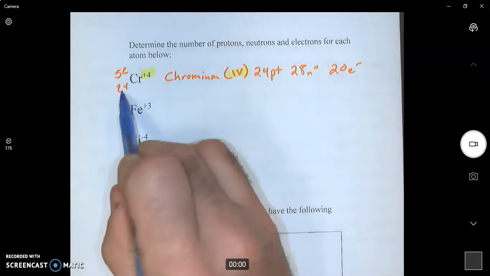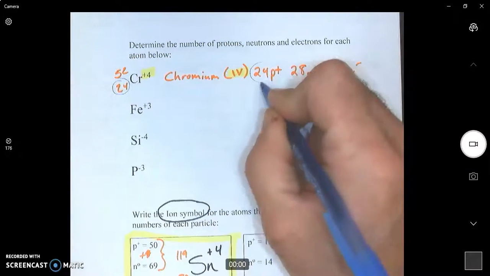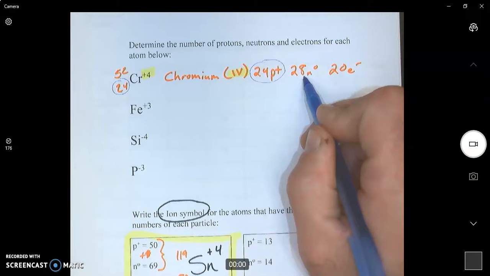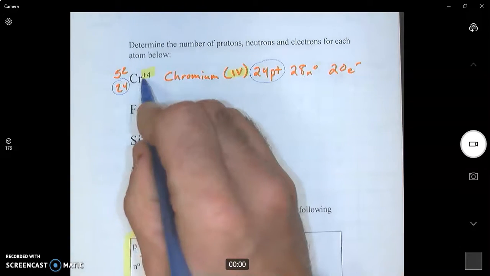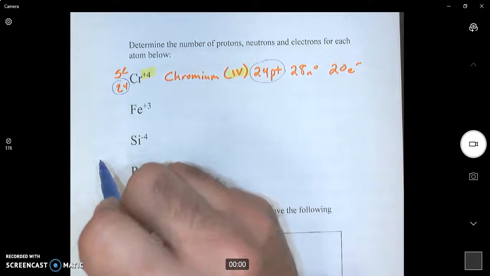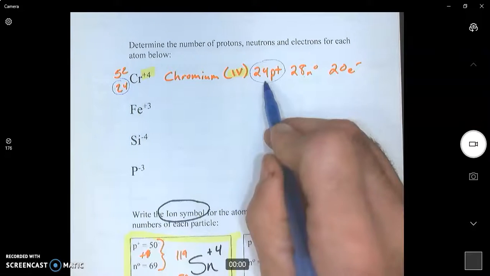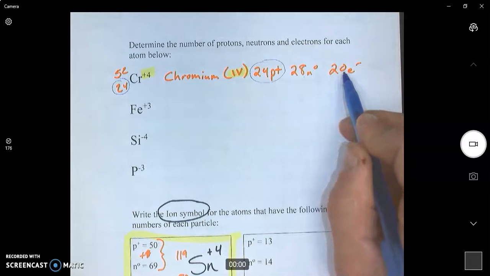That's going to help me figure out that I have 24 protons. 52 minus 24 gives me 28 neutrons. Mass number minus atomic number gives you neutrons. And then +4. That means I have 4 more protons than electrons. If I have 24 protons, I must have 4 less than that, 20 electrons.